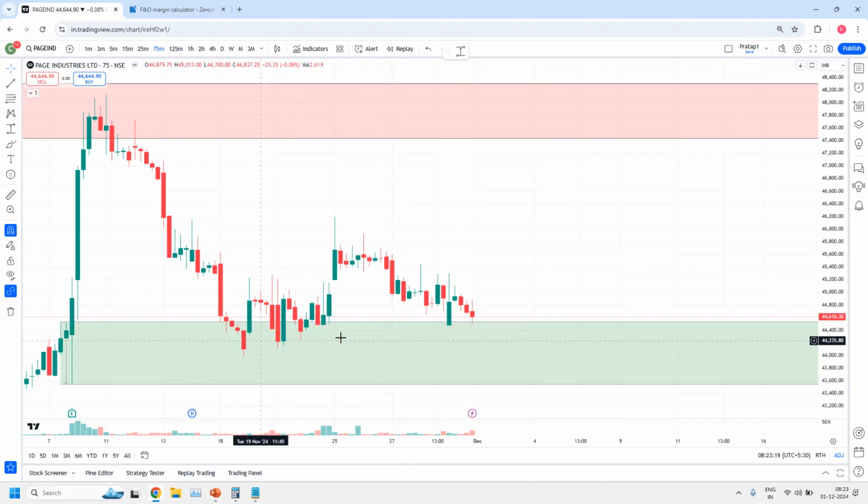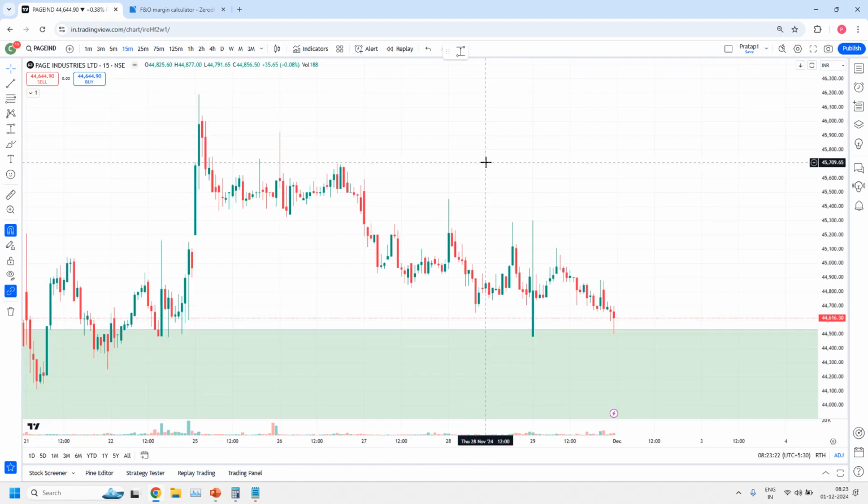So in this area, is there any fine tune zone? We need to identify it on the 15 minutes time frame.